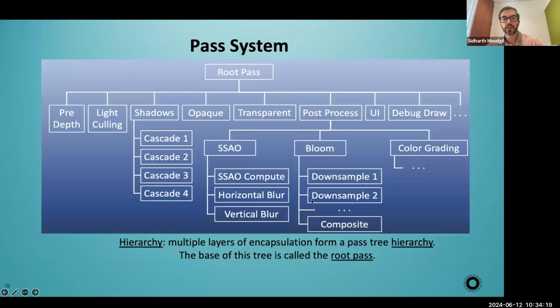So how does it all connect together? This is a quick example of multiple layers of encapsulation to form a big pass tree hierarchy. You have your pre-depth, light culling, shadows, and then if it goes all the way down to the post-processing, it has many, many parent passes. So you have your SSAO, you have your bloom.